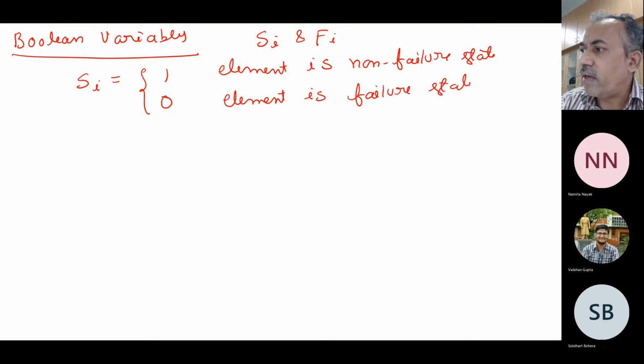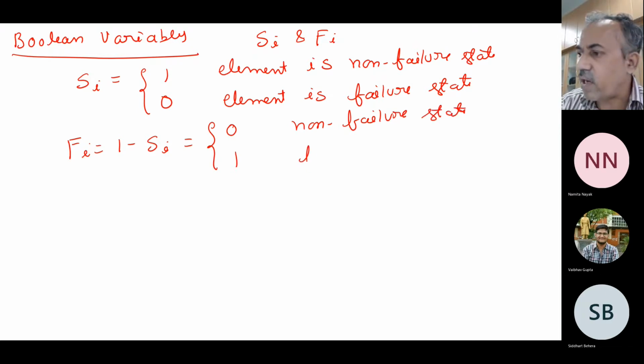So we define two states. Similarly we define Fi as 1 minus Si, so this is also 0 or 1: non-failure, or failure state. It is just a set theory kind of thing, and it will be easy for calculating.